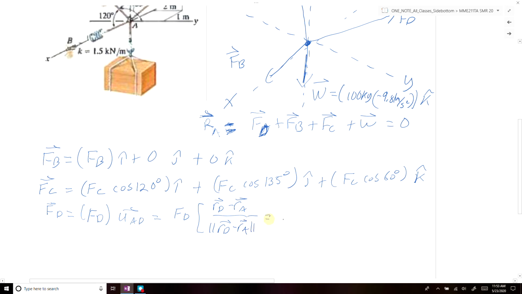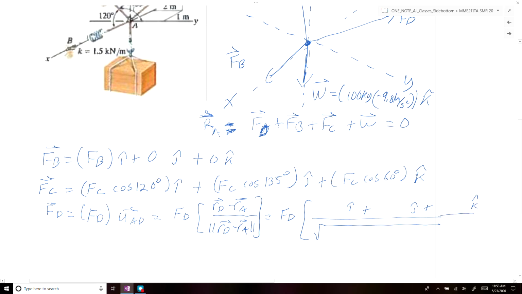So that's going to just be equal to FD times the three components from point D.